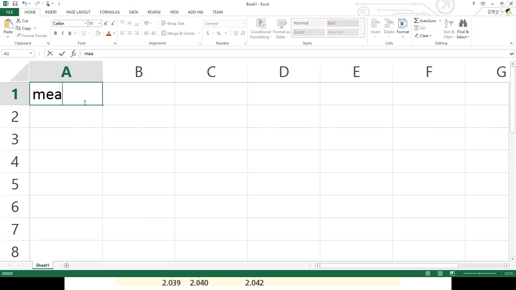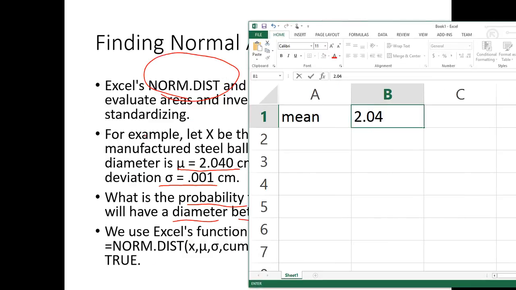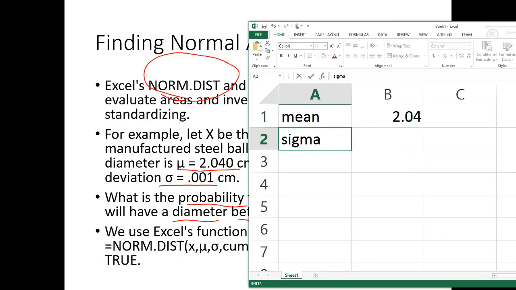So the mean is 2.04 and the standard deviation was 0.001.